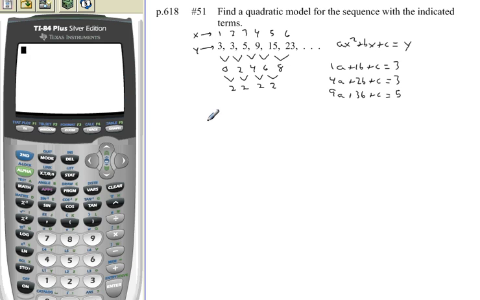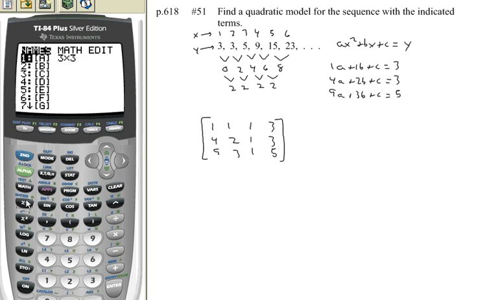If you remember when we learned about matrices, we can make a matrix that has these coefficients: 1, 1, 1, 3; 4, 2, 1, 3; and 9, 3, 1, 5. If I get this matrix in reduced row echelon form, I'll have my 3 answers over on the right. So let me enter that matrix.